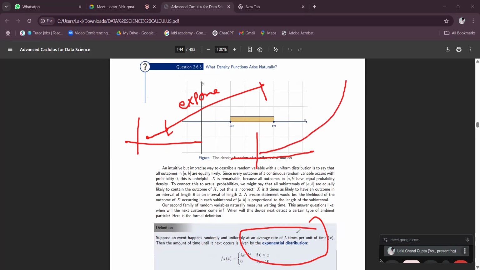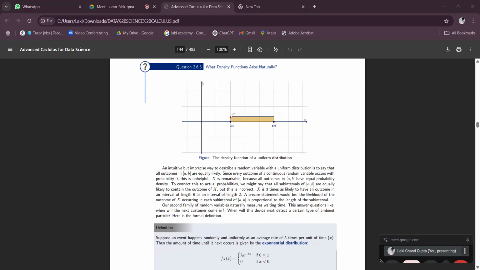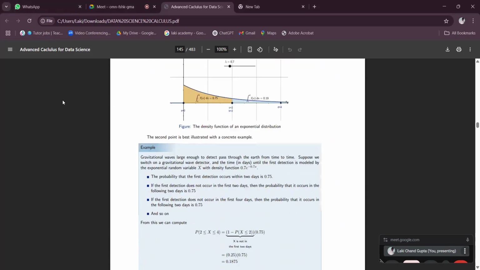So whenever anything happens suddenly, we use exponential distribution. When anything happens smoothly, the same thing continuously happening, then we use uniform distribution. And these are part of continuous random variables.